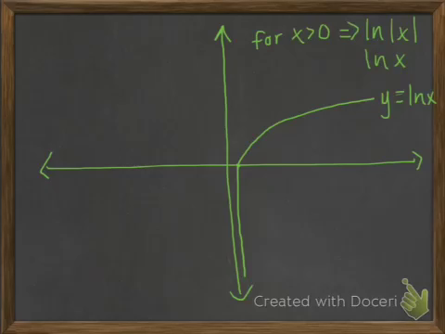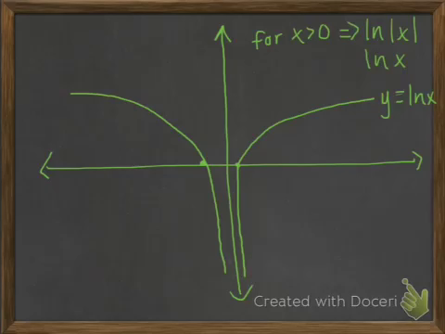So what if we had, say, negative 1 as x? It's going to be the same thing, because if we took the absolute value of negative 1, we'd just have ln of 1, because the absolute value is going to be a positive value.